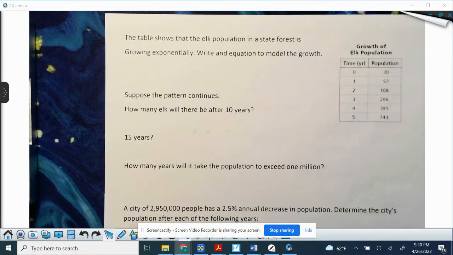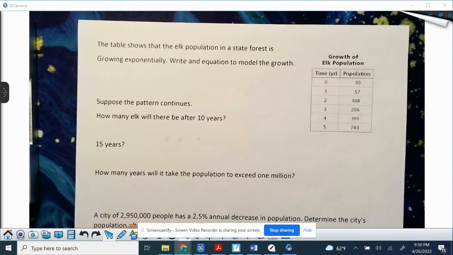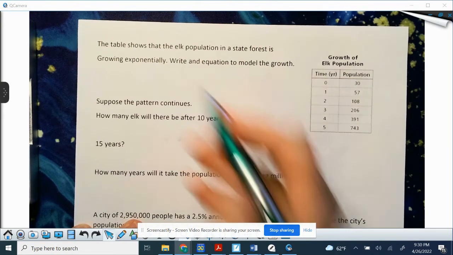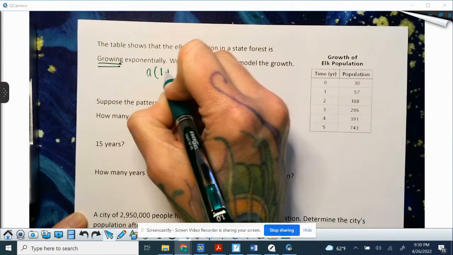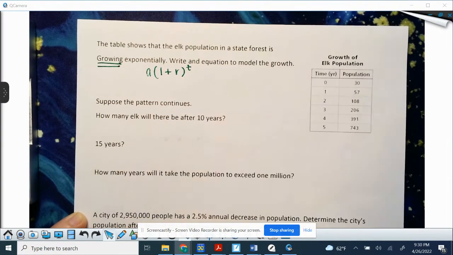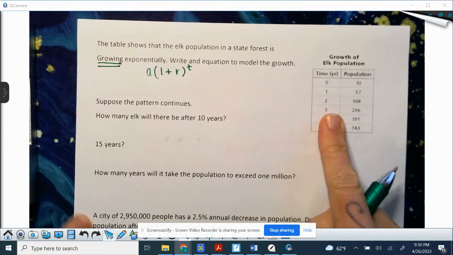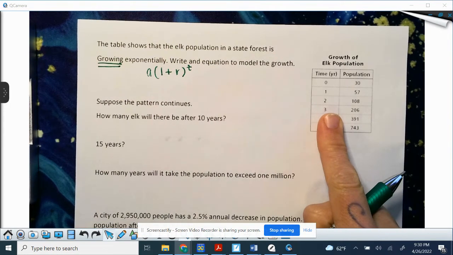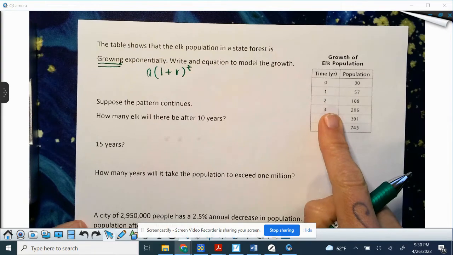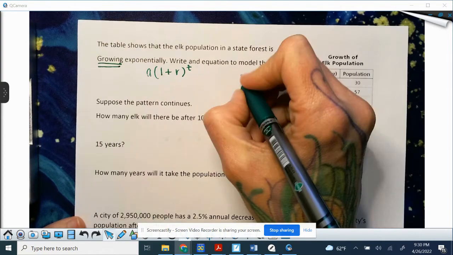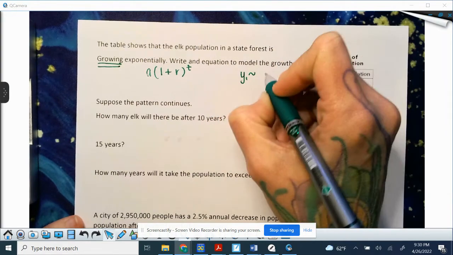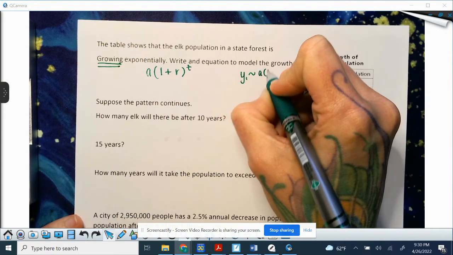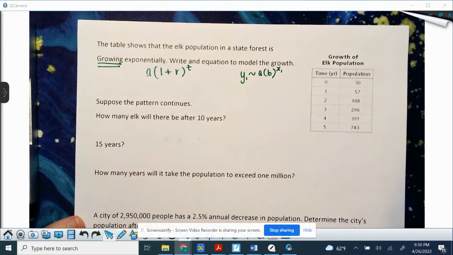So a table shows that the elk population in a state forest is growing exponentially. So we know it's going to be a growth. So hopefully we know that's a 1 plus r as a decimal to the t or to the x. From the table, you can use your Desmos, and you can type in, remember, y1 squiggle, which is on your keyboard, a times b to the x, and make sure you have a 1 after you put that table in.